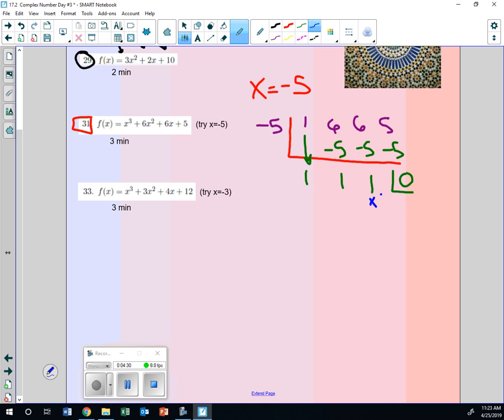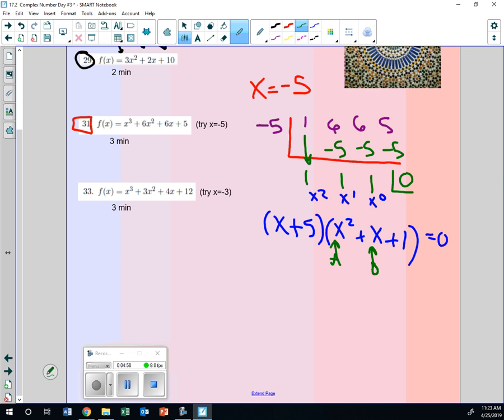This is x to the 0, x to the 1, x to the 2. So now we have x minus negative 5 as a factor, and 1x squared plus 1x plus 1. Have we factored this all the way down? Not yet. So we need to keep going. This is a, b, and c.